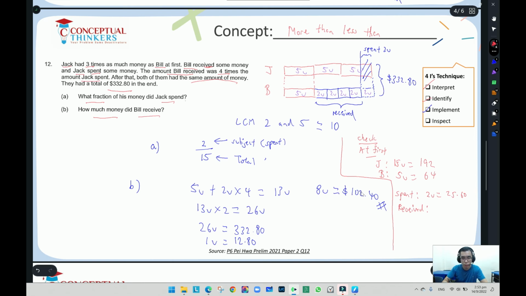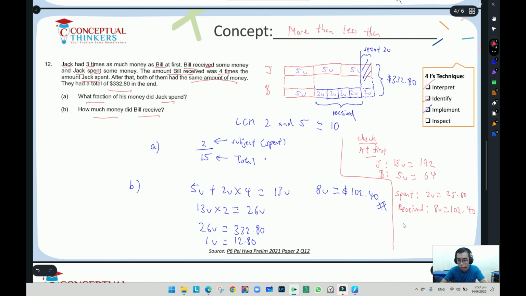Then I look at how much Bill received. So what he received, according to the answer here, will be 8 units. So it will be 102.40. Now to check whether the answer makes sense, I just want to link the calculation with my $332.80.